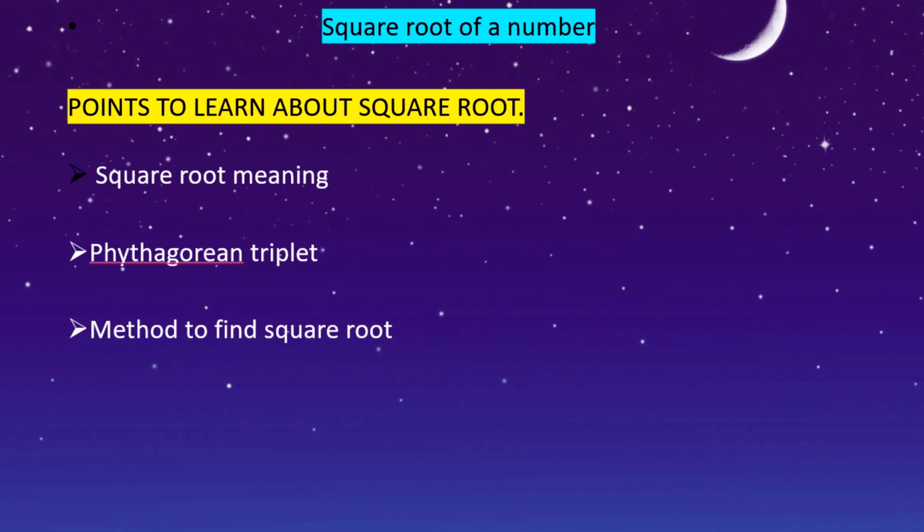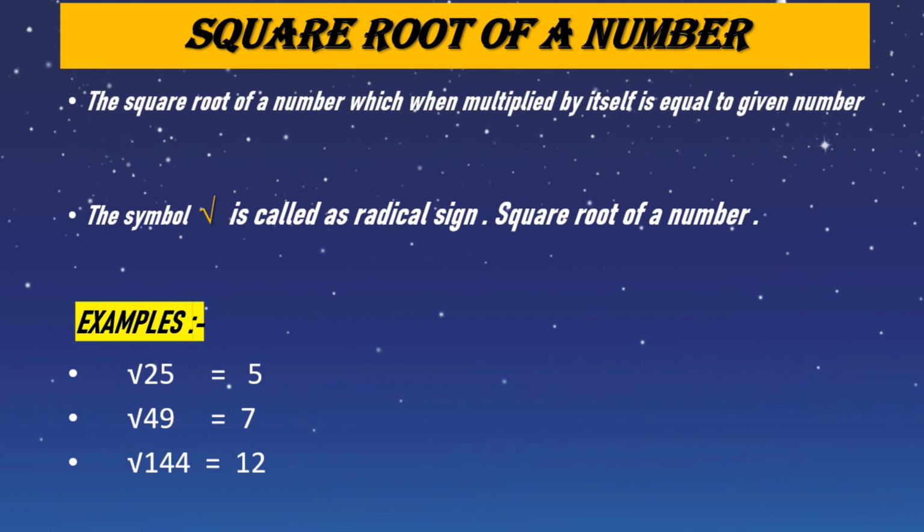Let's see the second part, that is the square root of a number. In the first part we discussed the square of a number, and in the second part we will discuss the square root of a number. What are the points to learn about square root? Square root meaning, Pythagorean triplet, methods to find square root. Let's see what is the square root of a number, or the definition of a square root.